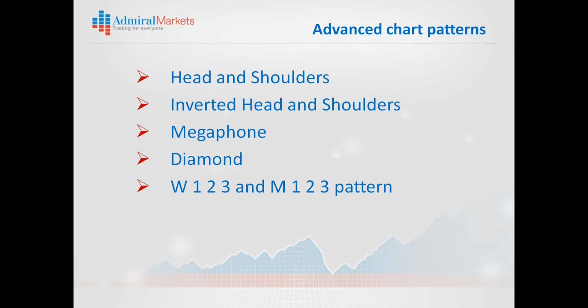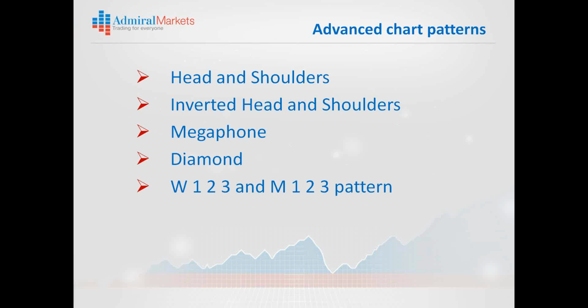patterns. So again, we need to see head and shoulders, inverted head and shoulders, megaphone or broadening top, diamond, and W1 to 3 and M1 to 3 patterns, which are basically reversal patterns. All of those patterns are reversal patterns.